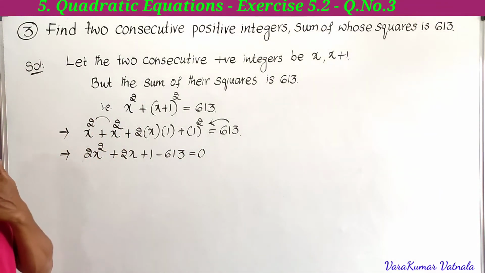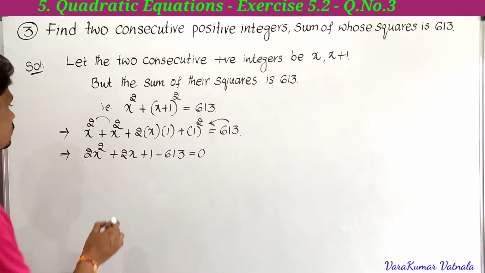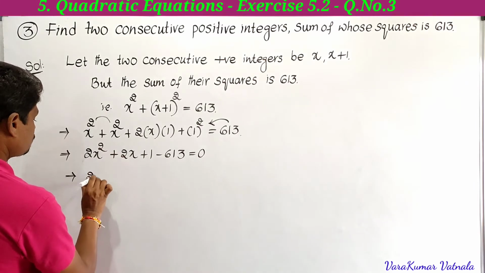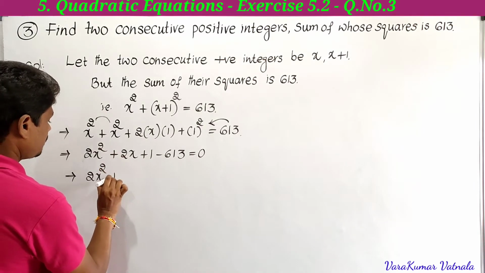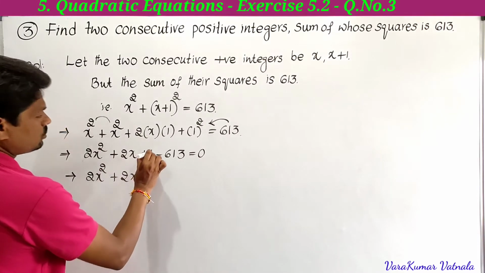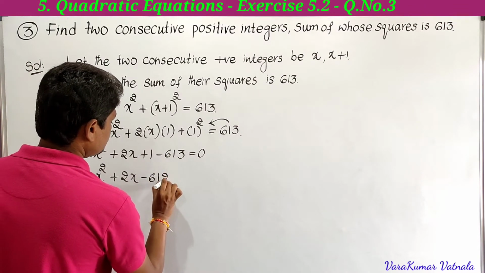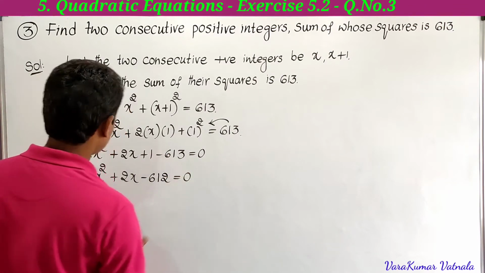Now we have to simplify again. Write 2x square plus 2x as usual, plus 1 minus 613 we get minus 612 is equal to 0.